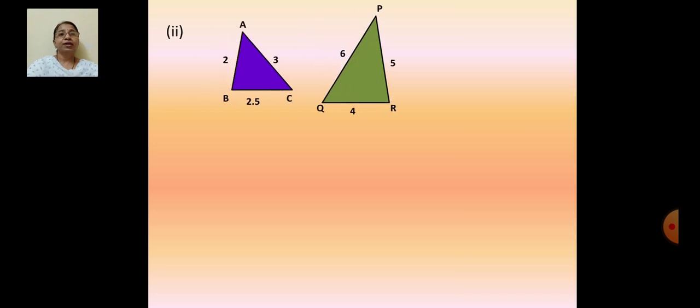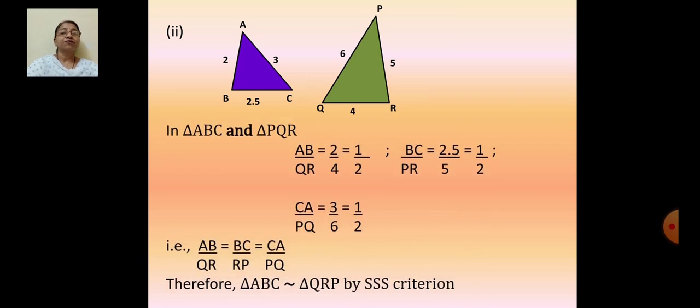Now next pair of triangles, ABC and PQR. Let us see by which criteria they are similar. Here, if I take the ratio of corresponding sides in triangle ABC and PQR, you take AB upon QR. Children, one-one correspondence is very important.